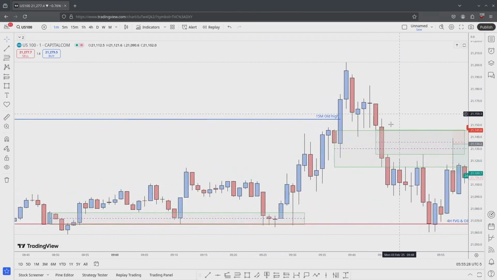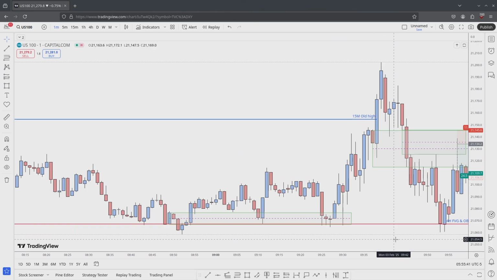So I was looking at this idea and I said, all right, I'm looking for bullish moves higher. And that's all that I'm looking for. I'm not looking for a bearish move here. So I said, all right, if price trades below this, gives me a valid breaker block, which it did, then I'll go on paper and I'll execute the position on paper.